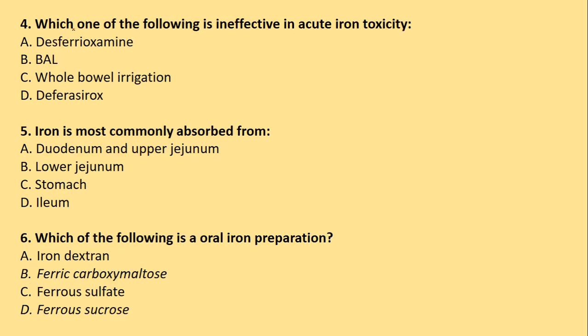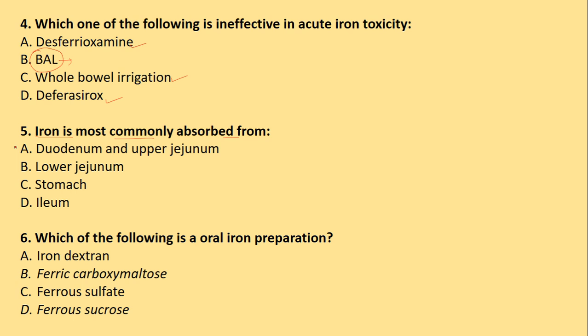So coming to the fourth MCQ, which one of the following is ineffective in acute iron toxicity? Desferrioxamine is helpful, gastric lavage is helpful, deferasirox is also an iron chelating agent. The only thing which is contraindicated is British anti-lewisite because the chelate which is formed is also toxic in nature.